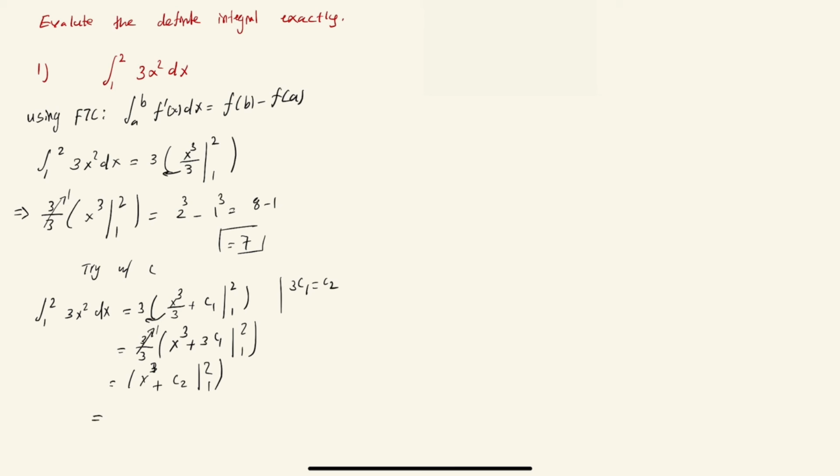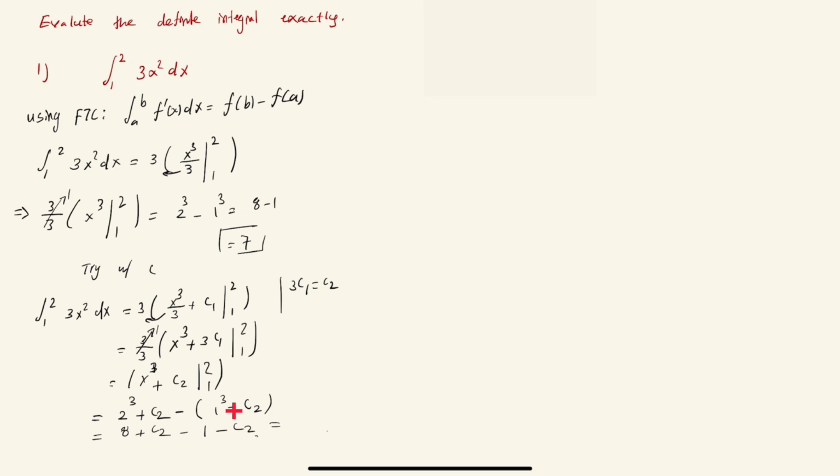First, I'm going to evaluate the term at x equal to 2, and then I'm going to evaluate it at x equal to 1. Now I'm going to move the minus sign that's between the evaluations to what's inside the parentheses, so it's minus 1 and then minus c2.